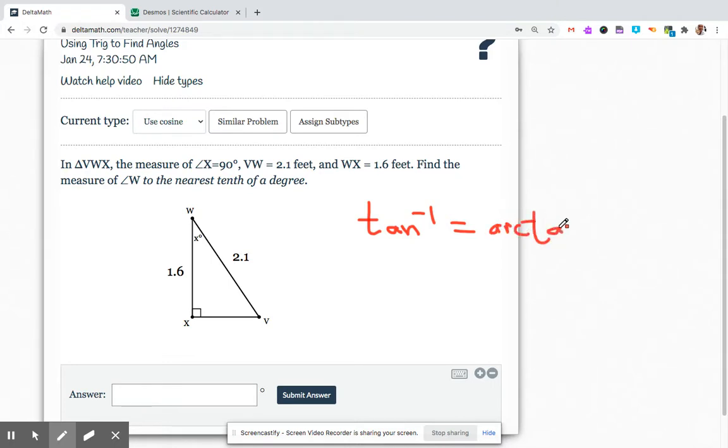Arc tan. Cosine inverse, undoing cosine, is going to be equal to what, do you think? Arc cosine. The little inverse just means that you have that prefix of arc in front of it when we undo it. These mean exactly the same thing, and I already showed the sine.